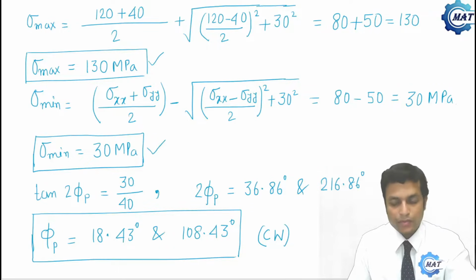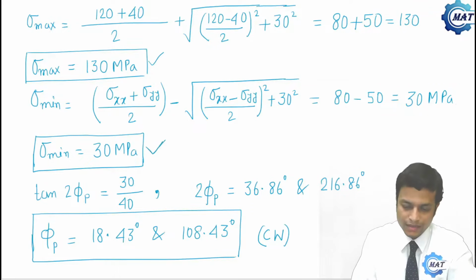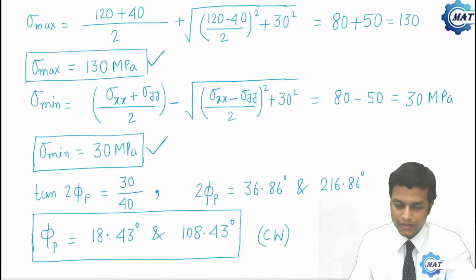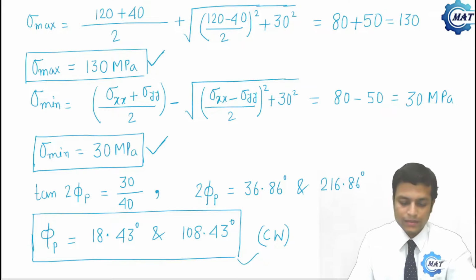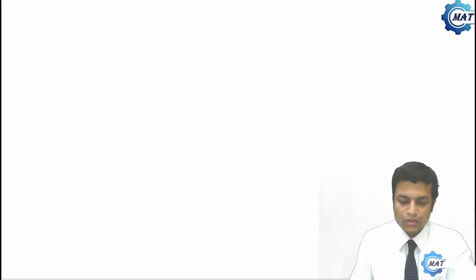So we have determined both the values of principal stresses and the orientation of principal planes. Now let me show you the orientation of principal plane in a schematic diagram.